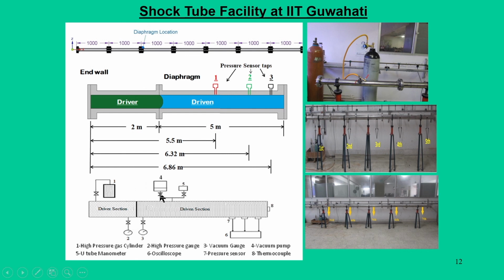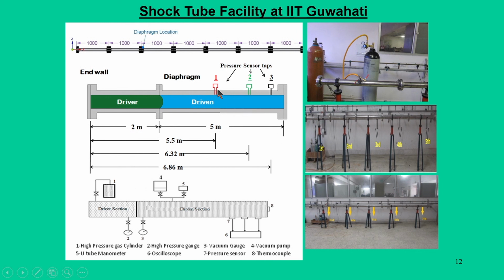and in the driven section we have a manometer, a vacuum pump, which is normally used to create a vacuum, and some pressure transducers. We also have data acquisition systems to take all the data.